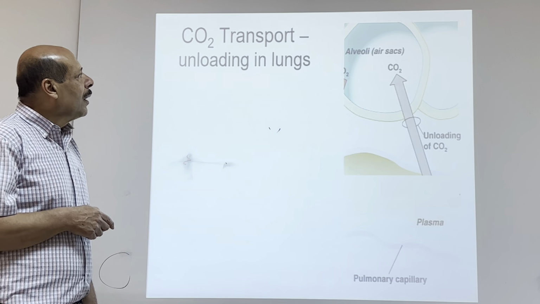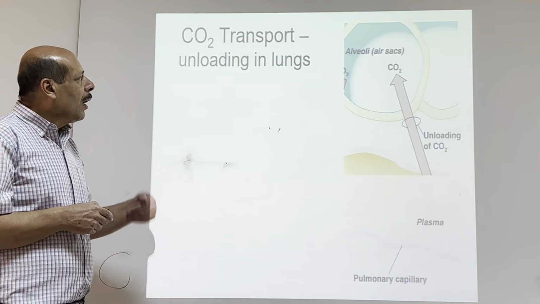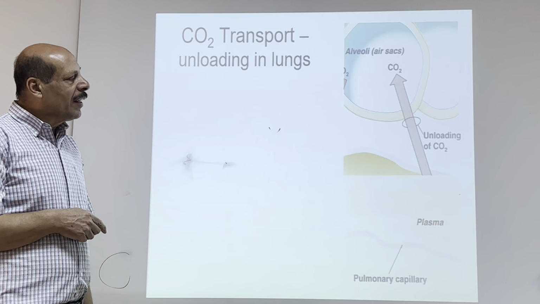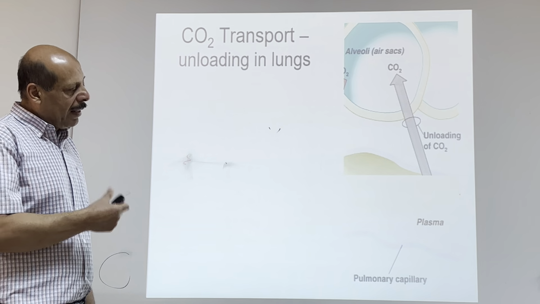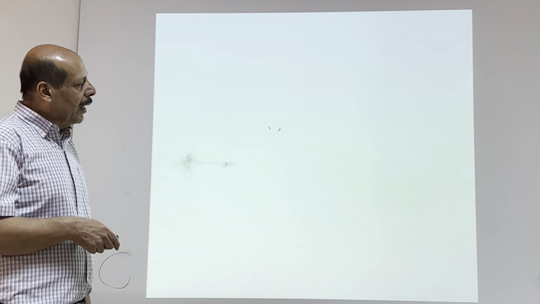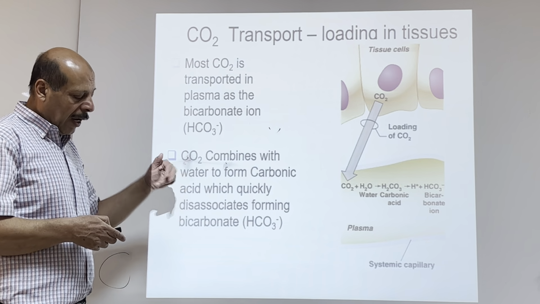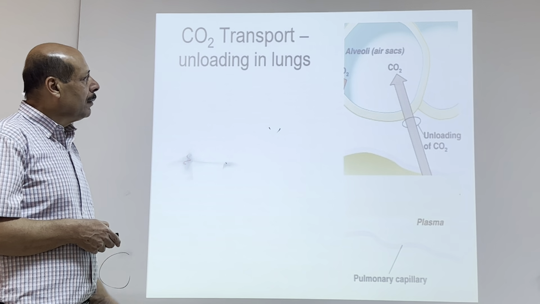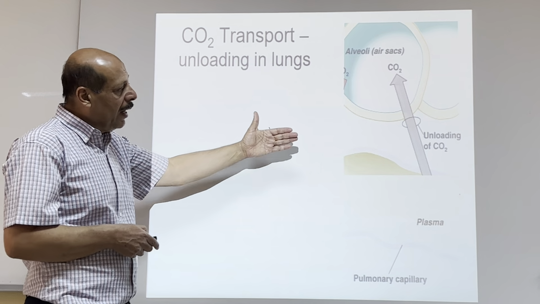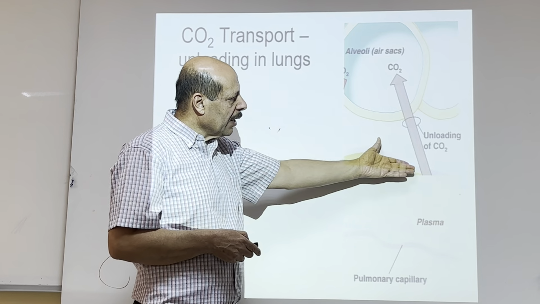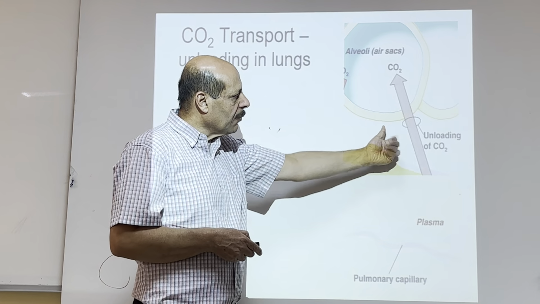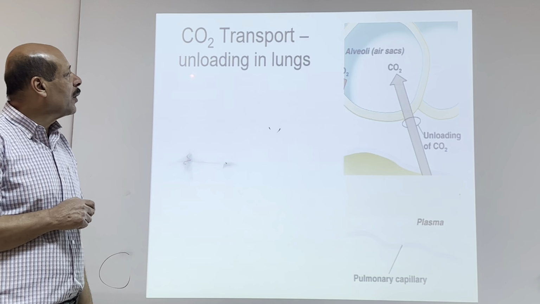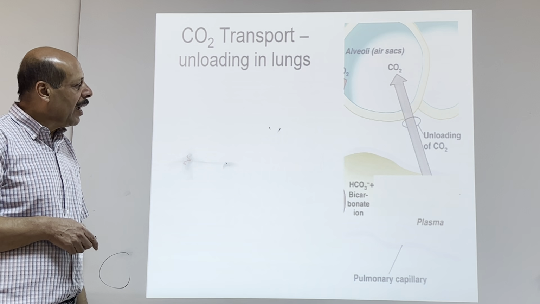Then the unloading, that was in the tissue, now unloading in the alveoli. In the alveoli, the unloading of CO2 is to the alveolar sac. So CO2 transported is unloaded in the lung.